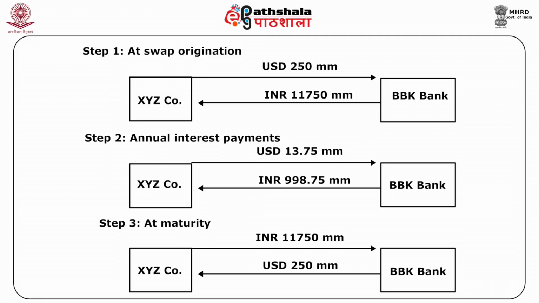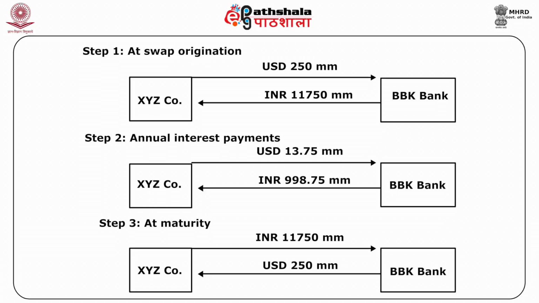The swap contract can be used to cover the principal repayment and not the periodic interest payment. At times, the principal is swapped in 2 different currencies. The company may pay USD in step 1 and receive INR, and receive Euro in step 3 and pay INR.